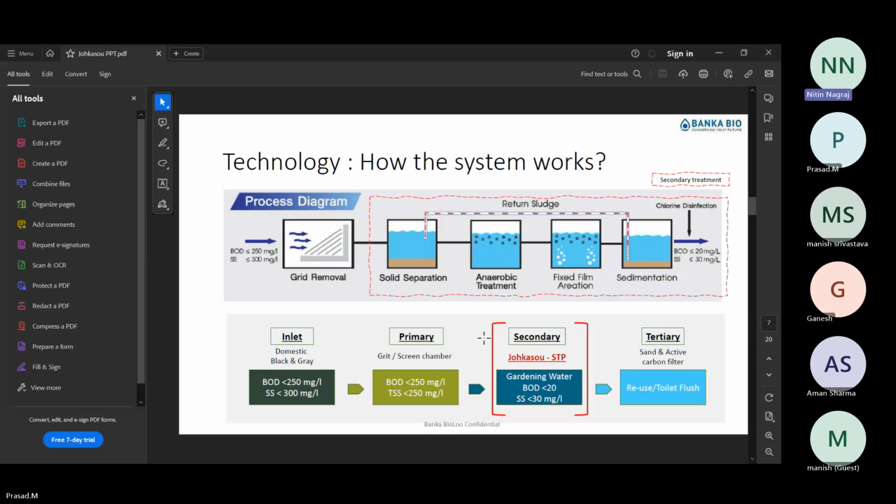This is the question you have to ask, because based on that we decide whether to provide an oil and grease trap or not.